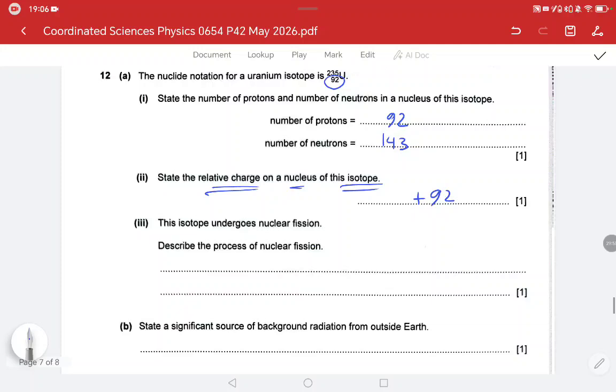The isotope undergoes nuclear fission. Describe the process of nuclear fission. Again, in the revision, we said the difference between fission and fusion.